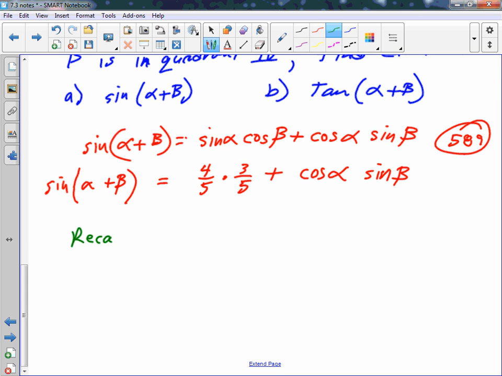Recall, somebody other than Rodney, what can we use? Starts with a P, ends with an Orion. The Pythagorean identity. Pythagorean identity tells us what?